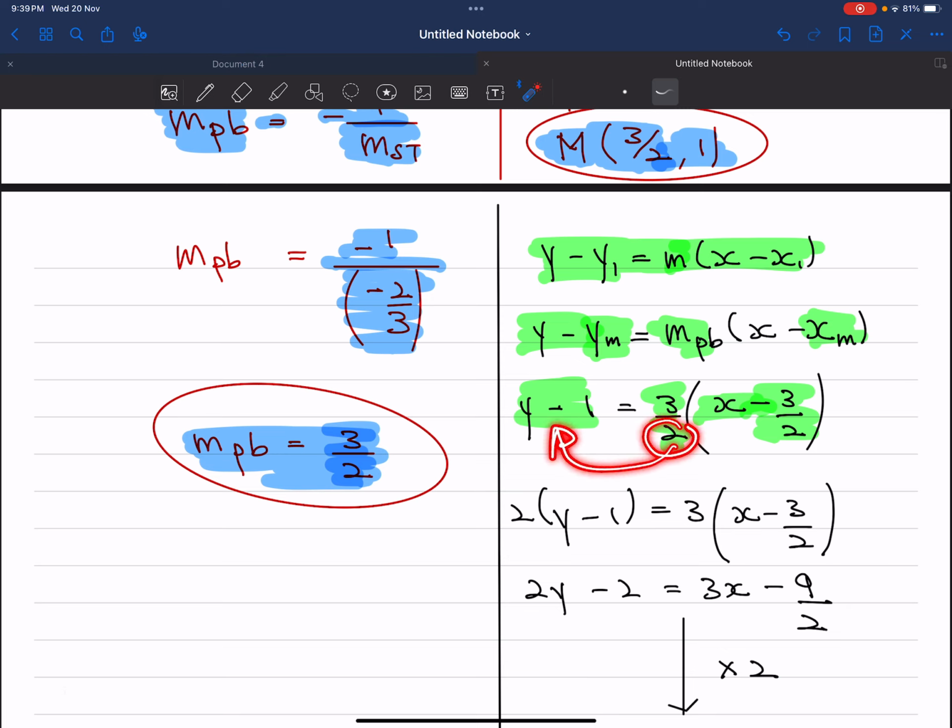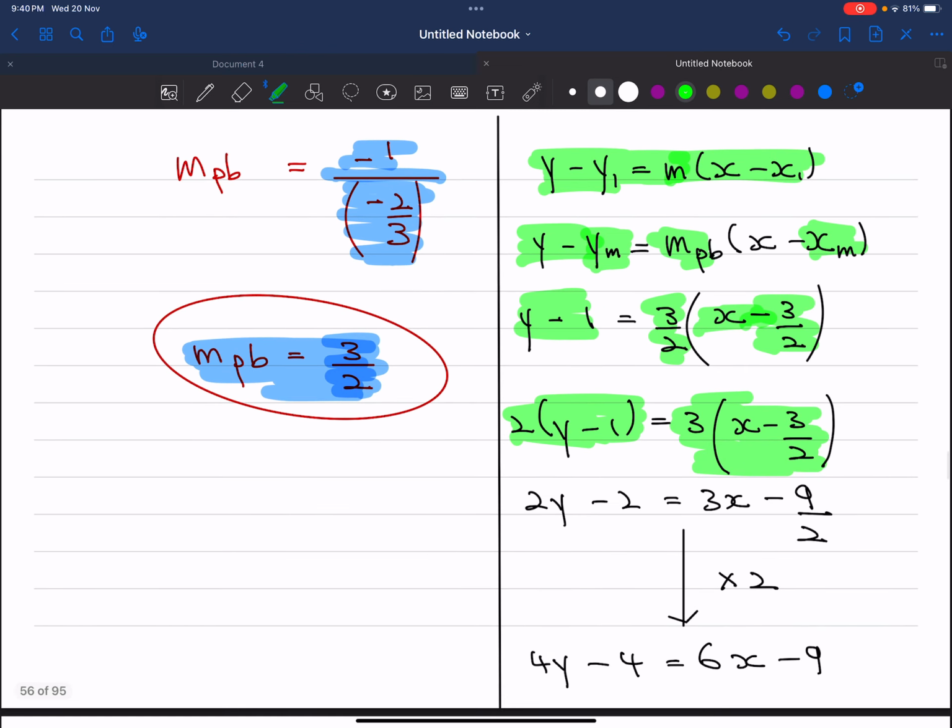these two on the right hand side, I transfer the 2: 2 brackets y minus 1 equals 3 brackets x minus 3 over 2. I expand everything. 2 times y, 2 times 1, I get 2y minus 2. 3 times x, 3 times 3 over 2, I'm going to get 3x minus 9 over 2.